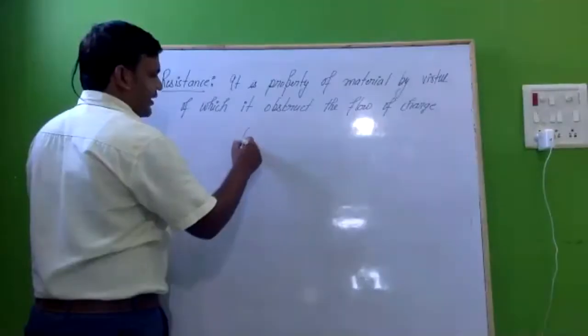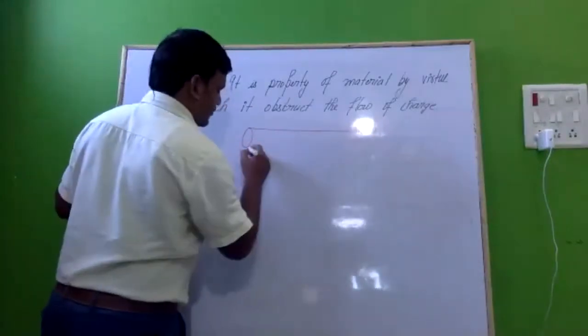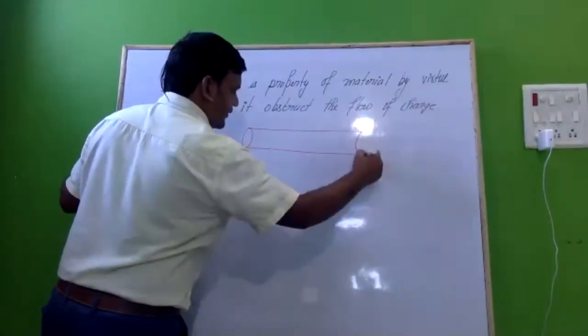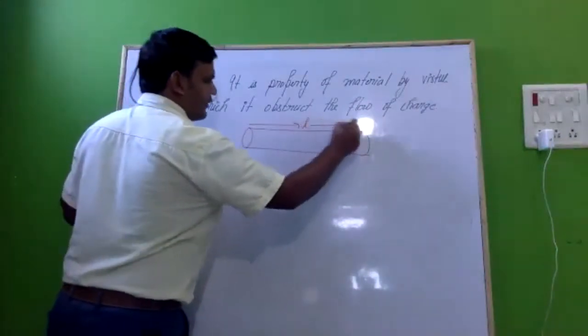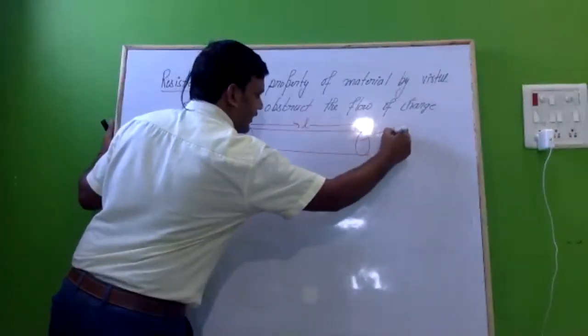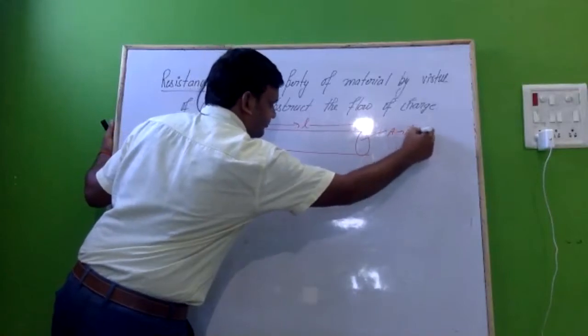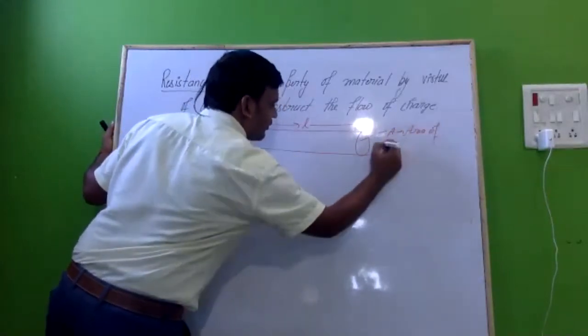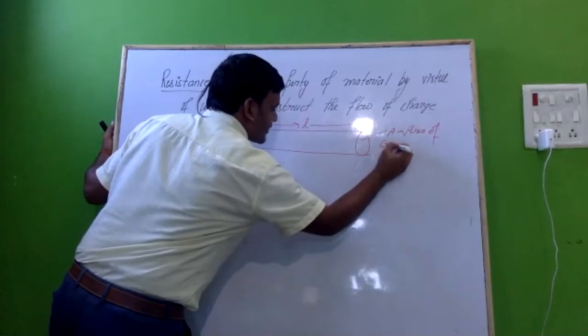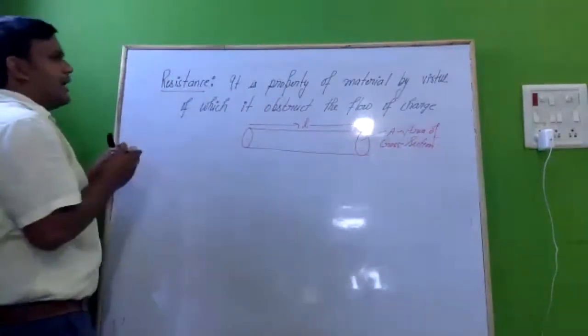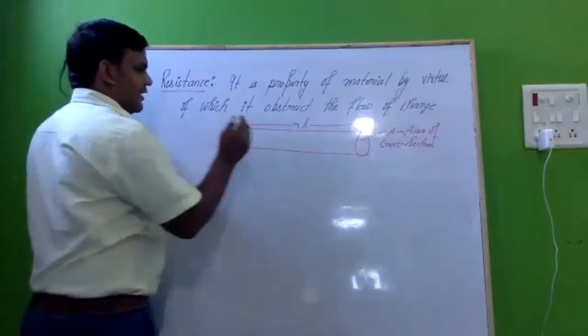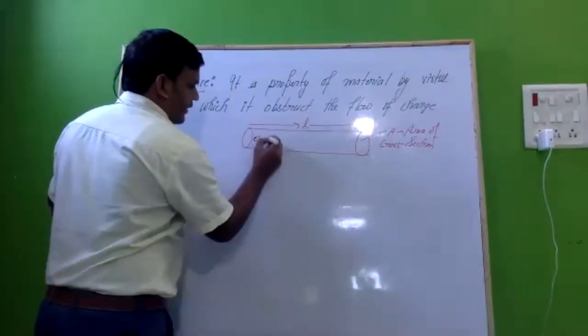Let's say this is a conductor. Its length is L and A is the area of cross section. And here will be the electrons.